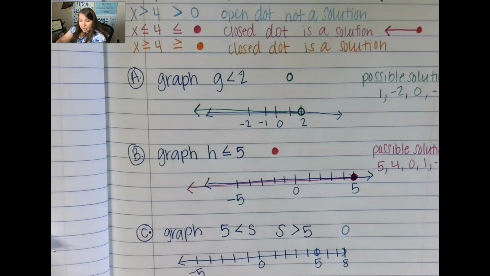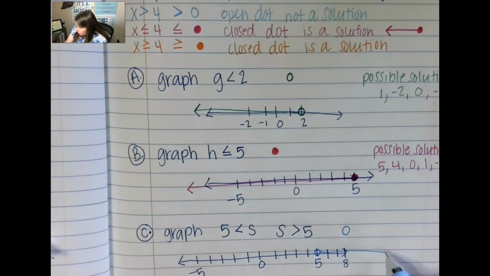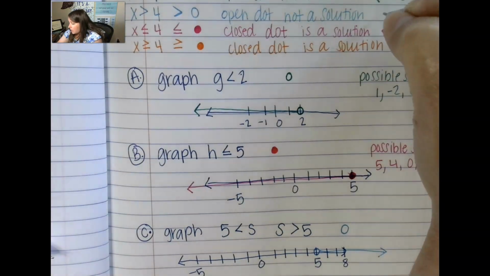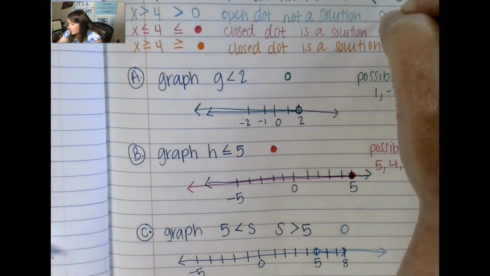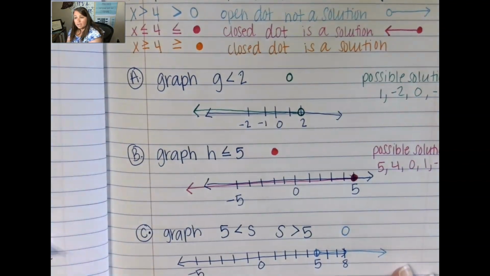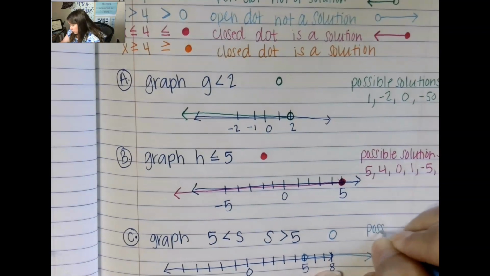So like here's 8. It's going to include everything that is bigger. So on my number line, I'm going to draw my arrow to include all the bigger numbers. So it's an open dot, but it's everything bigger. So it's going to the right. So possible solutions.